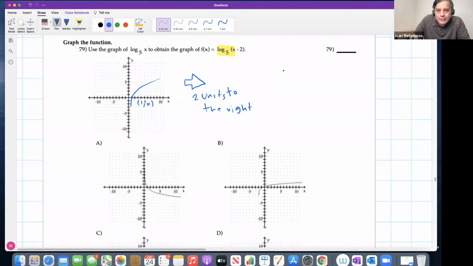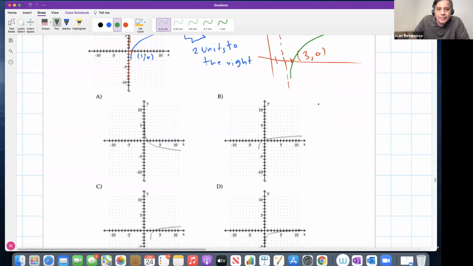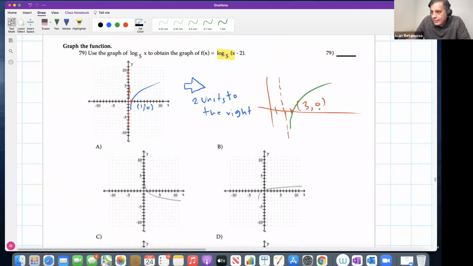So as a result, you're going to get this point now, which is 1,0 at 1 plus 2, 3, 3,0. Now the point of intersection, so farther, 1, 2, 3 now, right there. And the vertical asymptote here, which was at x equals 0, now it will be at x equals 2. So not hard to see, guys, that the new graph should look like this, something like this, shifted 2 units to the right.